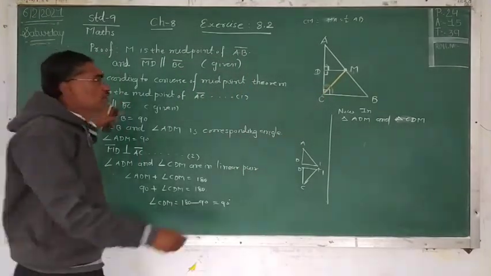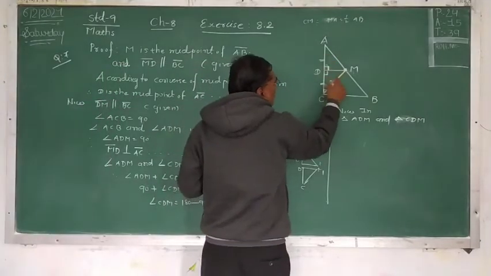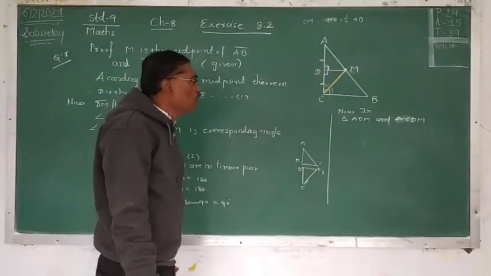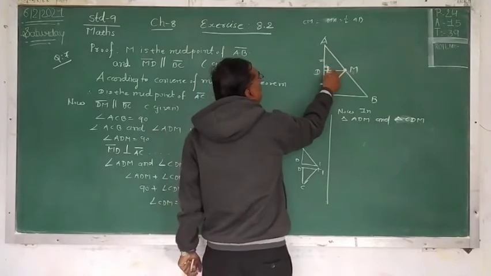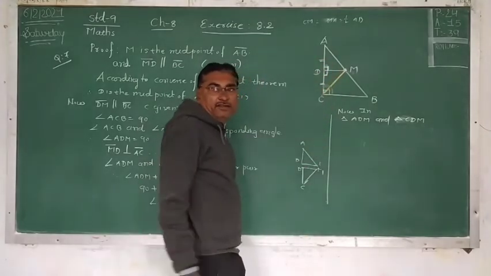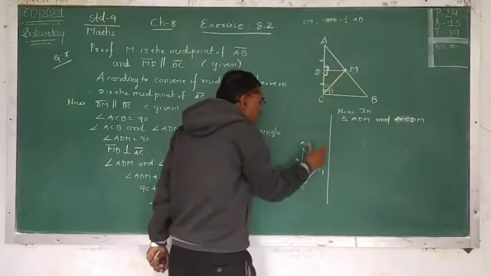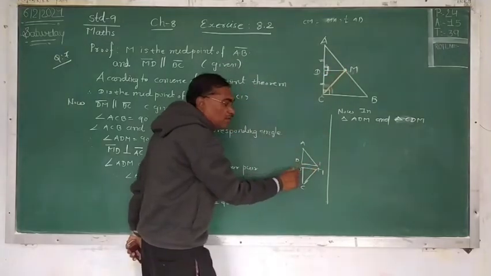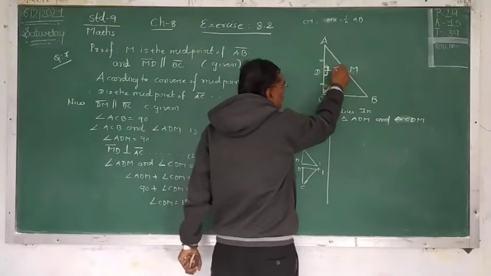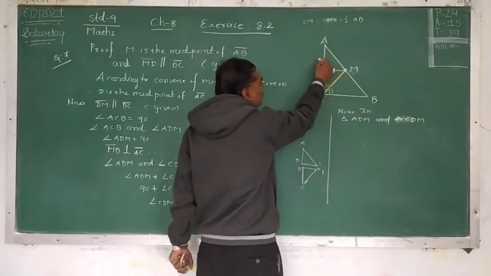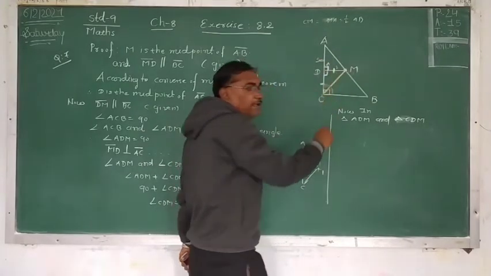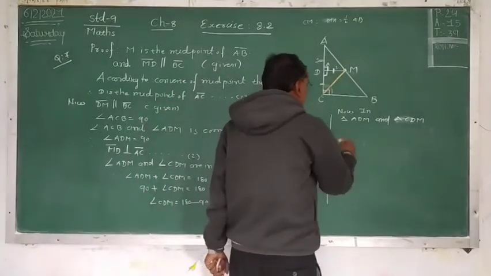So this side and this side are equal. Okay, this angle and this angle, 90 and 90, are equal. If you take this triangle or this triangle, DM is common in both. Same side. So this is also equal. So side, angle, side.